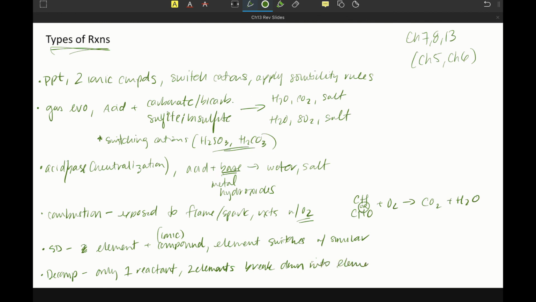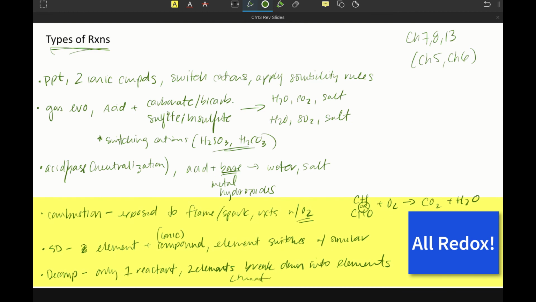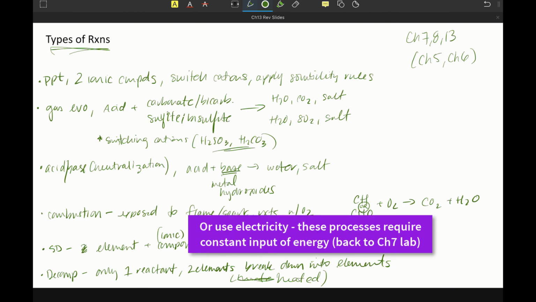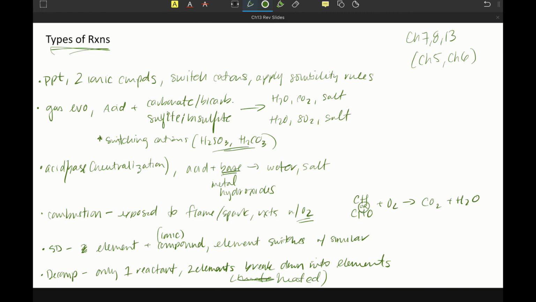And if we think back to the lab, that Chapter 7 lab, some of the keywords we would look for is heated. Which is different than exposed to a flame. This is where we would put something in a Bunsen burner, put something in a beaker, and heat it not in direct contact.